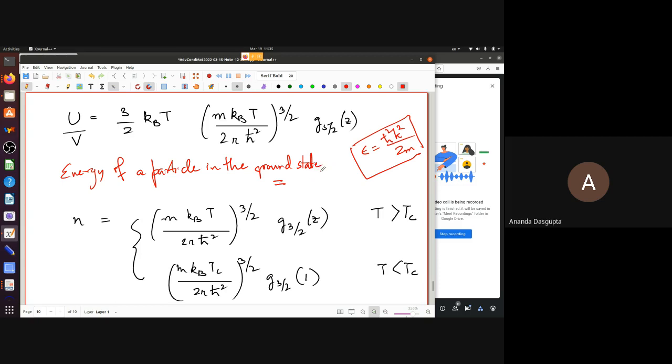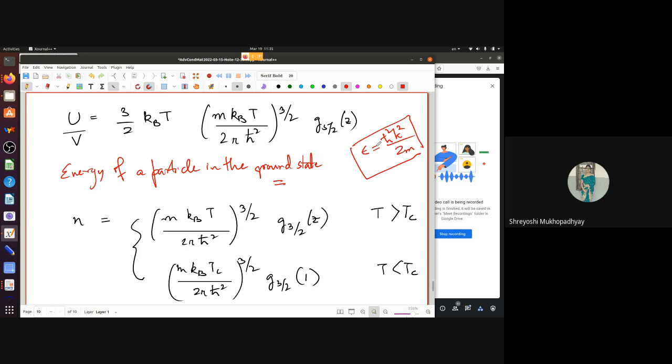K has to have components which are multiples of 2 pi by L, right? What's the smallest possible value for K? You do agree that epsilon will decrease with decreasing K, right? The lowest possible value for K is how much? So pi by L?